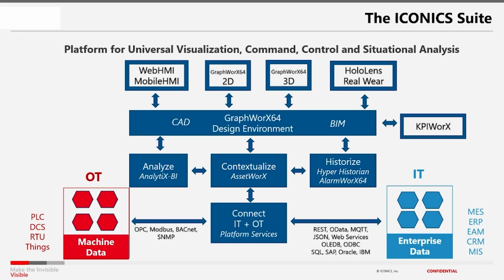So this data has to be sent from the plant floor operational side to IT as well. So Iconics is providing this bridging and exchange of information between operational data and the IT data.